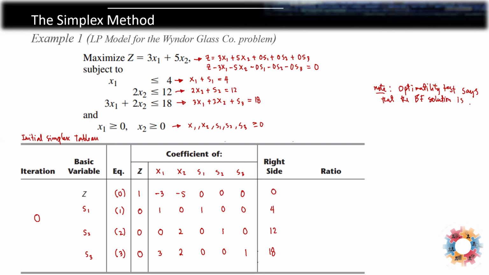But according to the optimality test, the BF solution is optimal if and only if the coefficients in row 0, see the row 0, are non-negative.